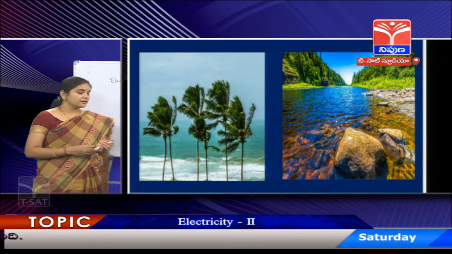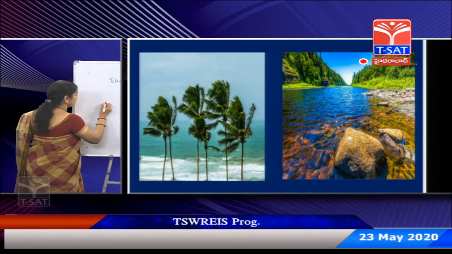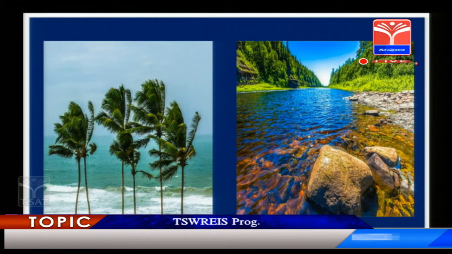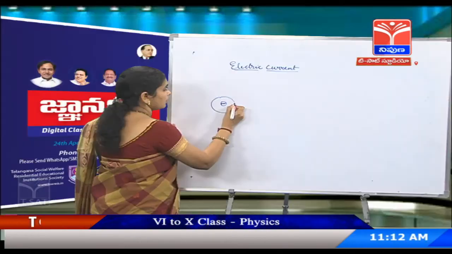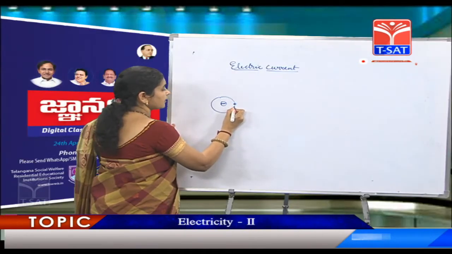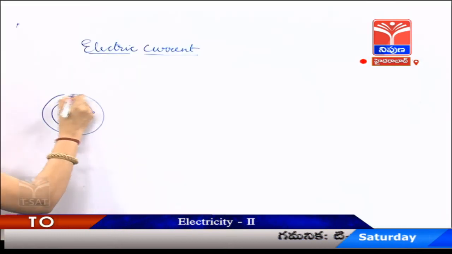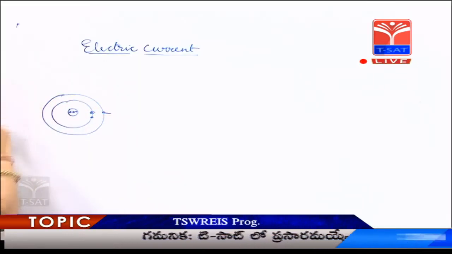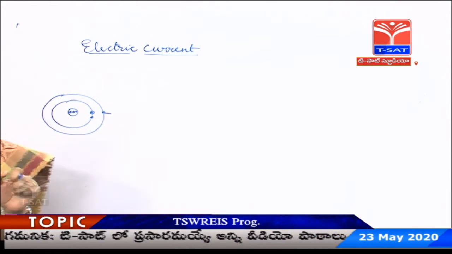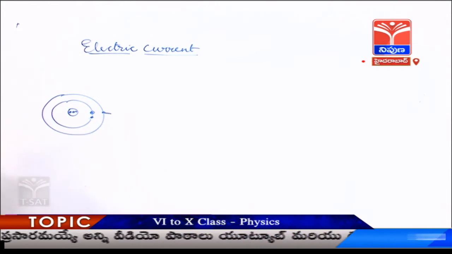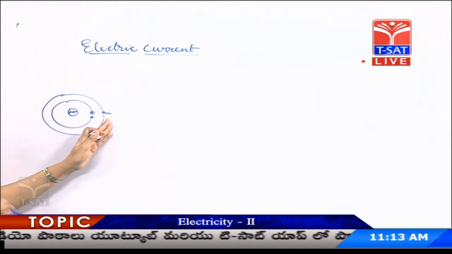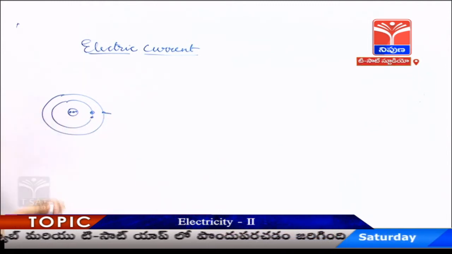Electrons present in the outermost shell are known as free electrons. They are free to move because they are loosely bound to the nucleus.